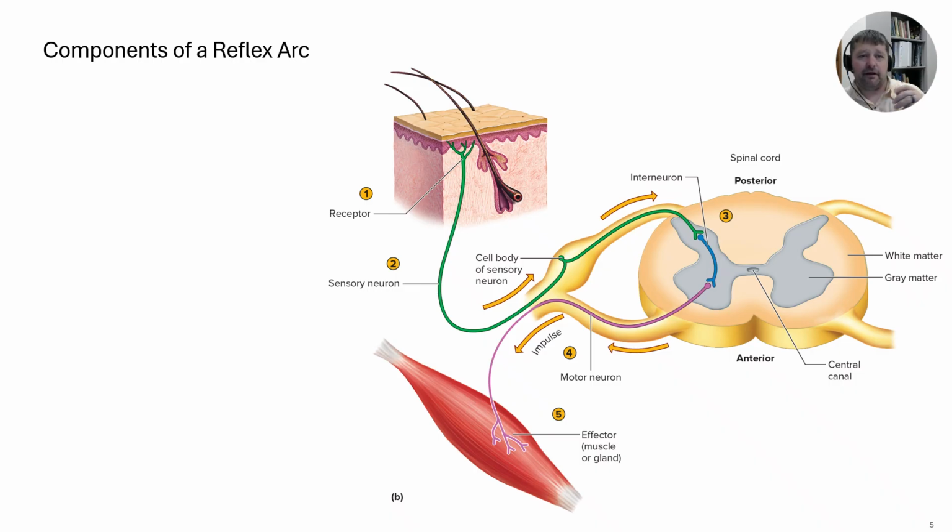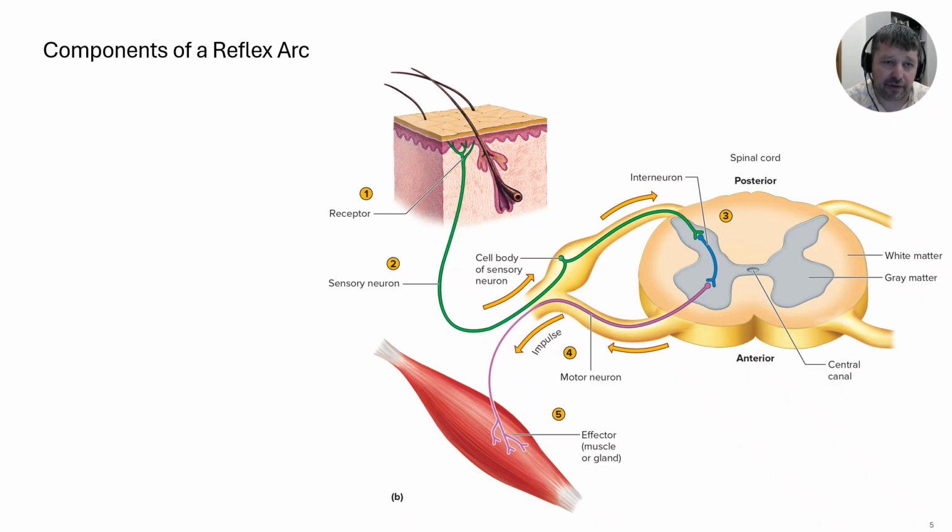Okay, and when that temperature is reached, that gate opens. And when that gate opens, then it allows for an impulse to occur, and those receptors will send the signal from the receptor to the sensory neuron, or it is part of the sensory neuron, to a cell body, which is in those ganglia that occur off of the spinal cord.